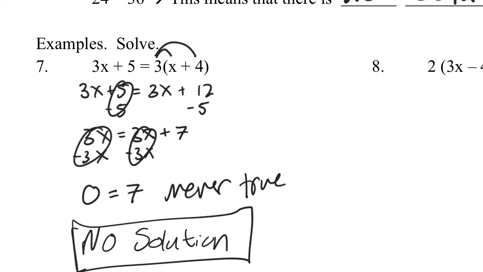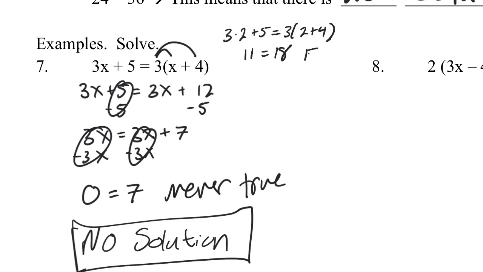We can even test that. You can pick a couple of numbers and plug them in and see if they work. Let's say, what if x was 2? Well, we'd have 3 times 2 plus 5, and we're saying that would be equal to 3 times 2 plus 4. 3 times 2 is 6, plus 5 would be 11. 2 plus 4 is 6, times 3 is 18.